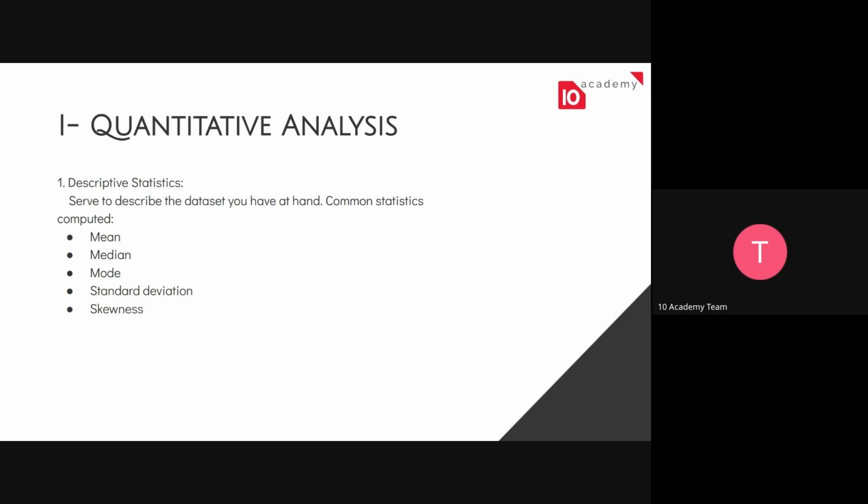Common things you can compute are the mean, the median, the mode, the standard deviation, and the skewness, so the distribution of the data, and how you can describe this distribution with different statistics, different measures, different values. I would ask you to define what these are. I intended to do that, so I'm not writing any definitions.